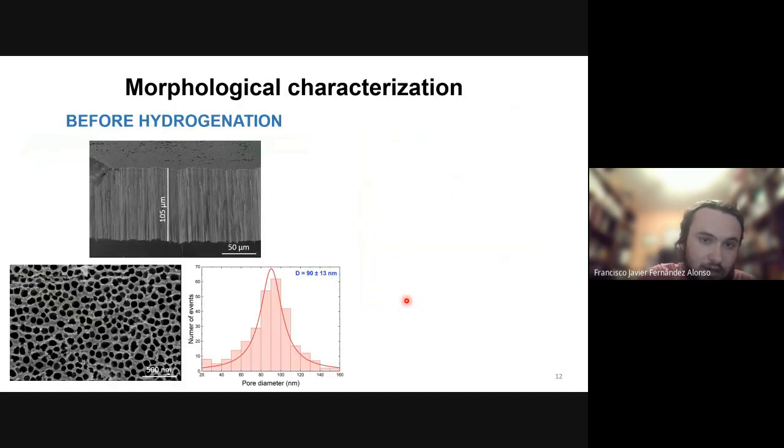Here we have some characterization of the nanostructures we synthesized. Before hydrogenation, we have a very well-defined template of titanium oxide nanotubes of about 90 nanometers of diameter, and about 100 microns of height.